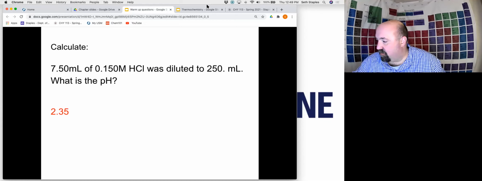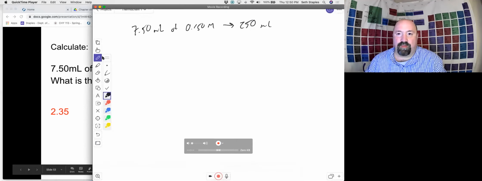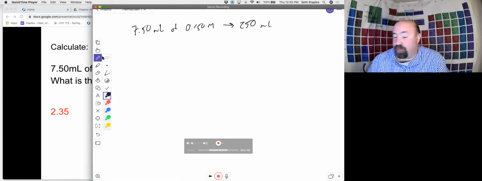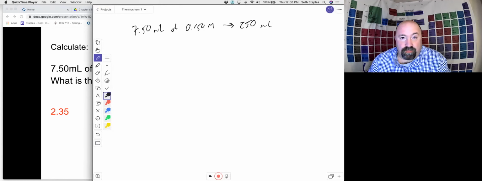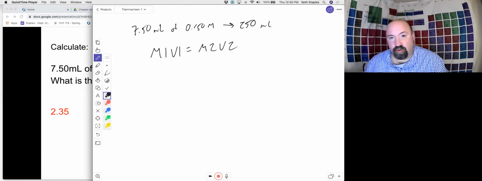And so we have 7.50 milliliters of 0.150 molar HCl. We dilute that to 250 milliliters. I just wanted to write that out before I covered it with my screen here. And so the first thing that we even have to do is use our dilution equation to find the new molarity of HCl. Let's remember that our dilution equation, M1V1 equals M2V2.